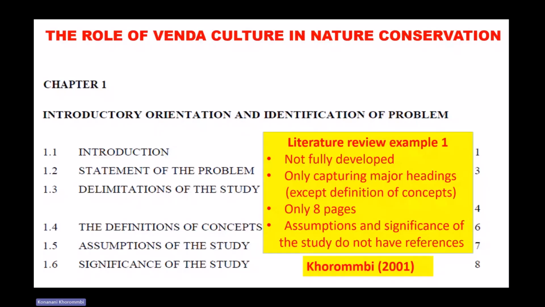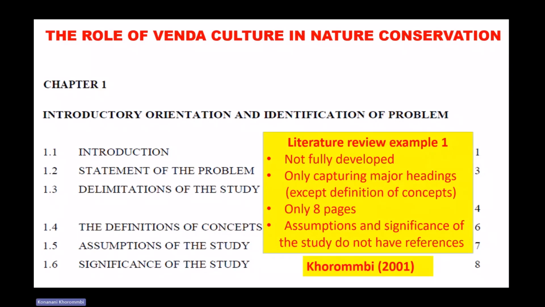The pages that contained literature were only 8, because the chapter only captured major headings, except the definition of concepts, which is very short. The assumptions and significance of the study, I have indicated, did not need references.